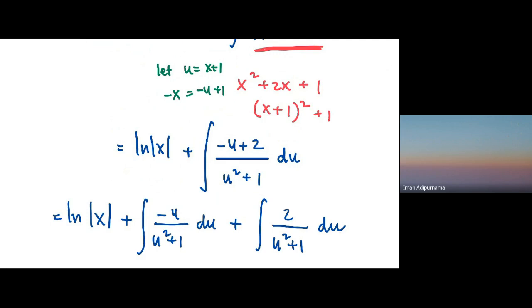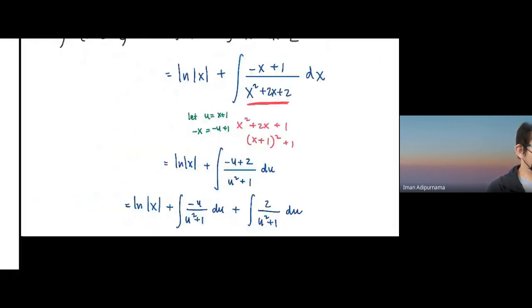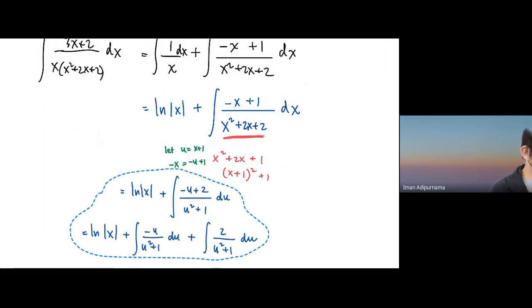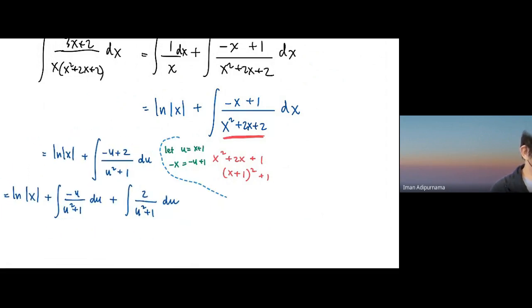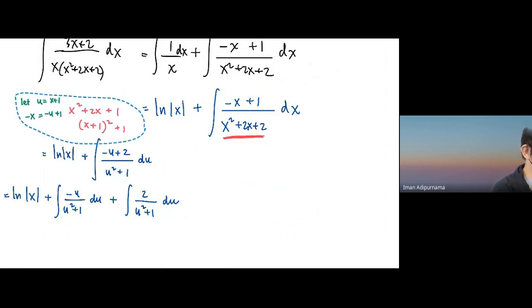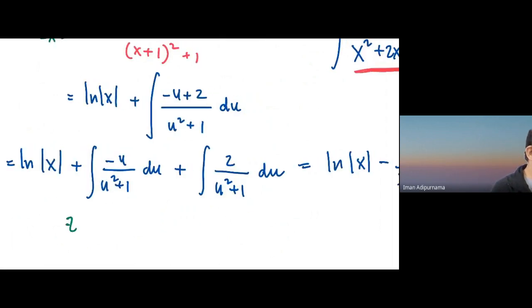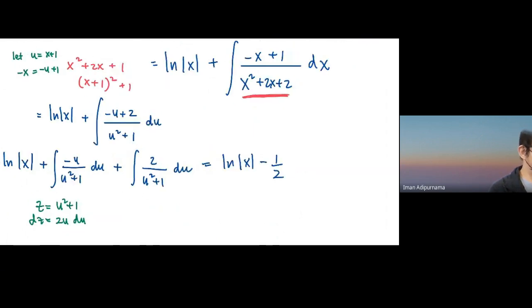So let us write. This should be equal with, let me write on the right. So this will be equal to ln x. This will be negative half, because it will be having a half, right?